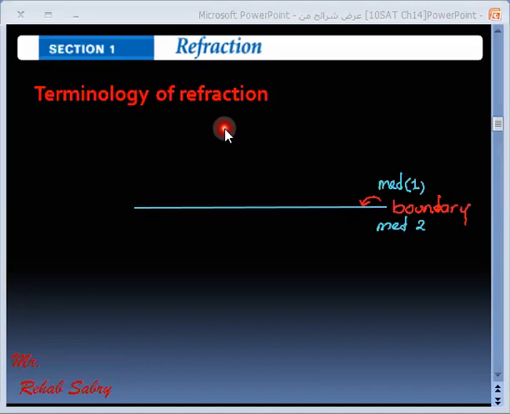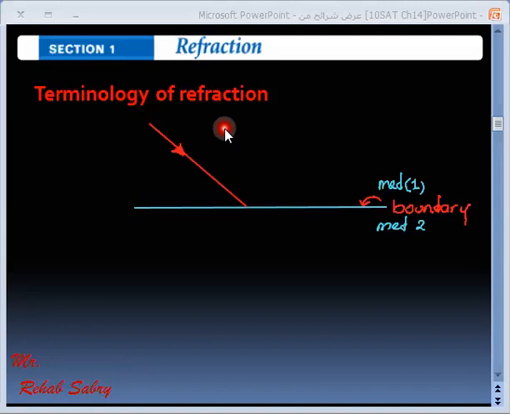Well, the second term to talk about is the incidence ray. This is the ray that's falling on the boundary.